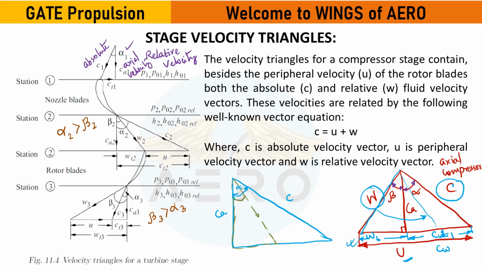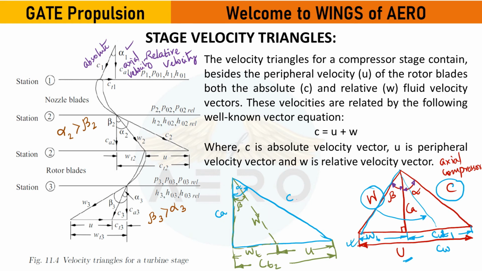Now this one becomes the angle beta, and this is W. The distance between W and C gives you the U, and from this one to this one gives you CT2, and here to here becomes WT, right? Yes, ma'am. Right?